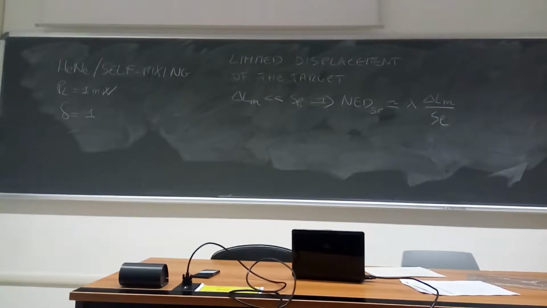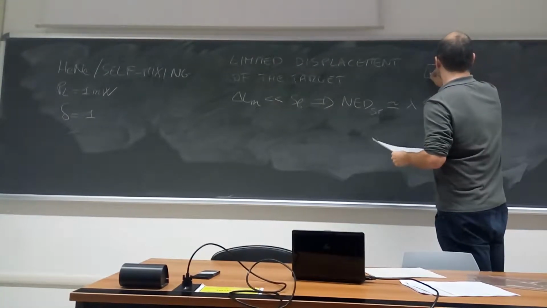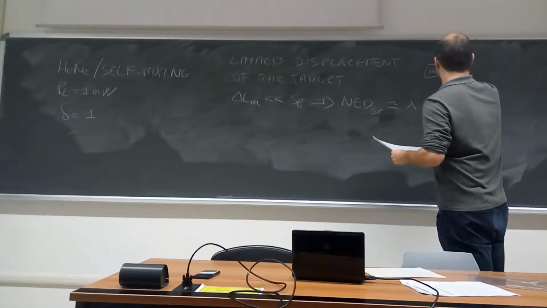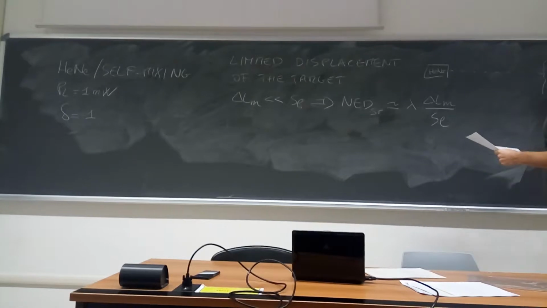Then, the other point is, you have your laser, and then here you have the diffuser. What is the diameter of this spot onto the diffuser?